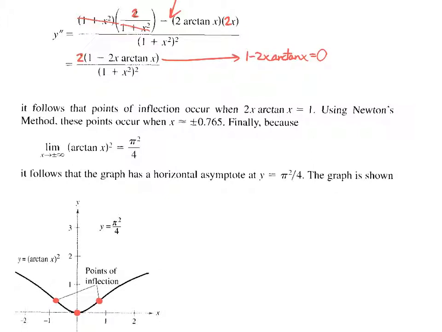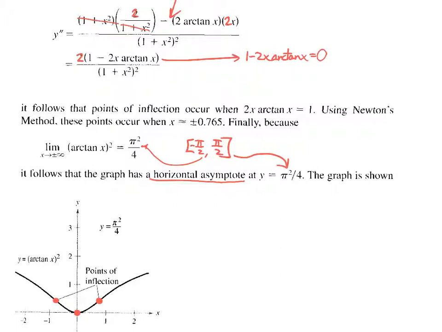If the range was negative pi over 2 to pi over 2, if you square arctangent, then all these negative pi over 2's become a positive pi squared over 4, and all these pi over 2's become a positive pi squared over 4. So that's how we're seeing that there is a horizontal asymptote at pi squared over 4.